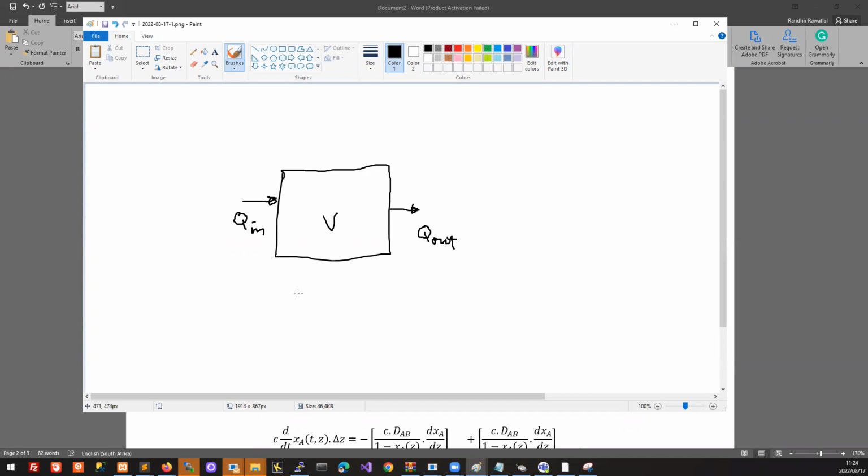So if we were to write the differential equation on this, we would say simply the rate of change of the volume here. So let's imagine there's a certain level in this tank, a certain volume in this vessel. We would say simply dV dt is Q in minus Q out.